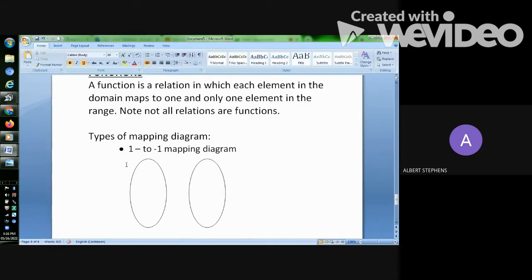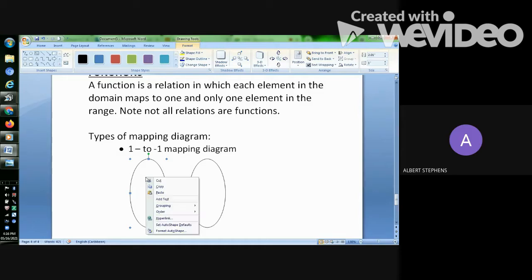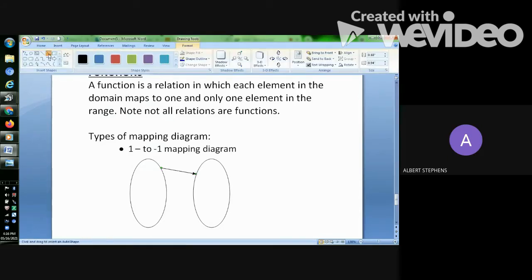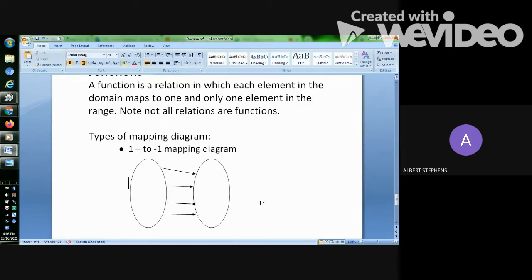You know, it's like you have these elements. So that's a one-to-one mapping.